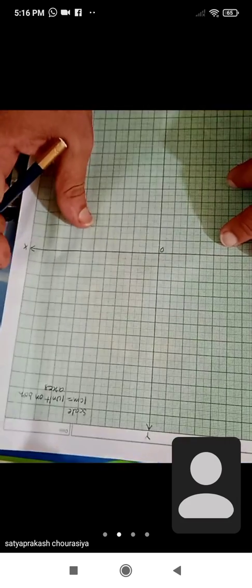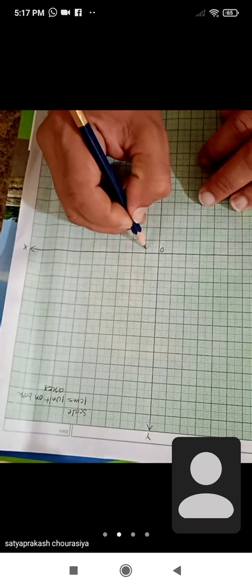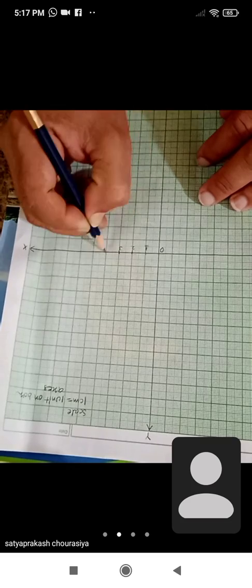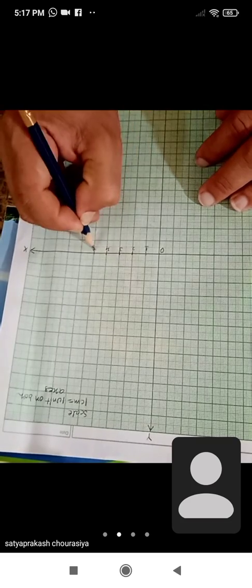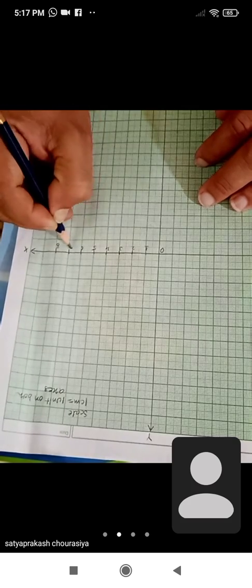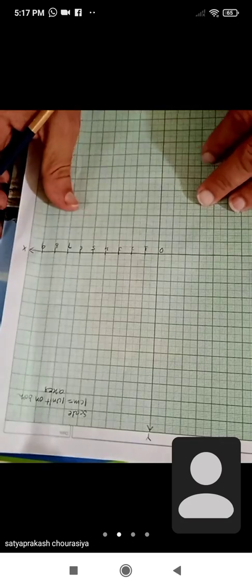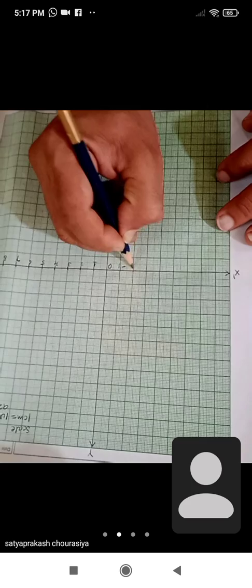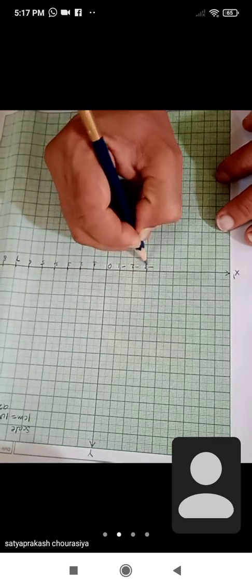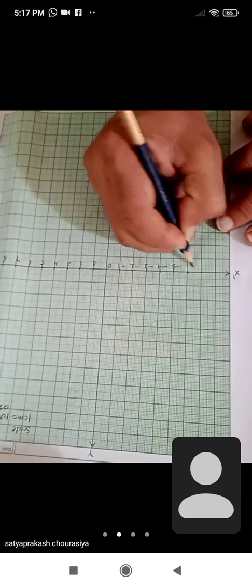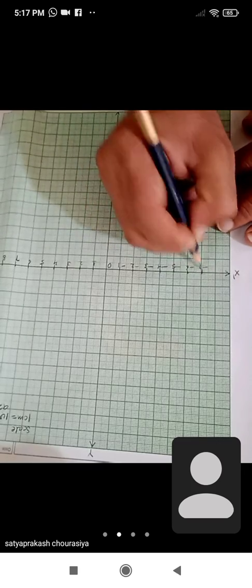Now write down the numbers: 1, 2, 3, 4, 5, 6, 7, 8, 9. On the left hand side, write down -1, -2, -3, -4, -5, -6, -7, -8.